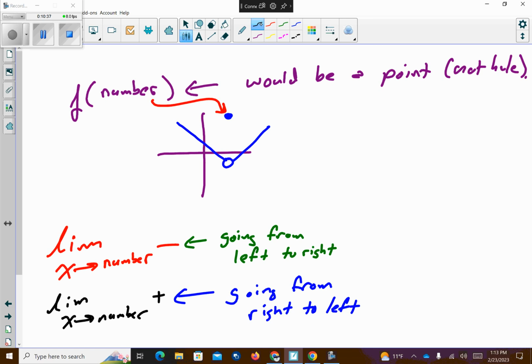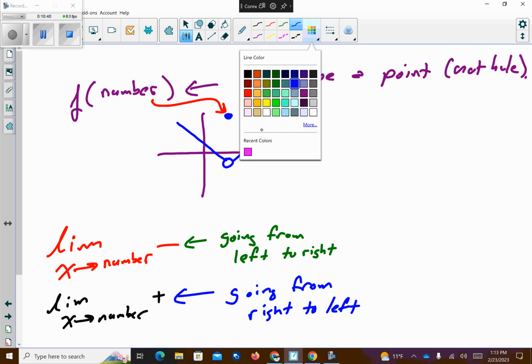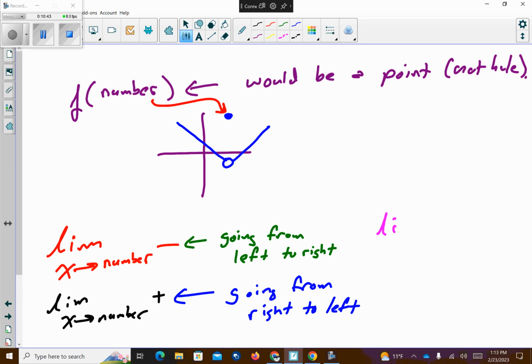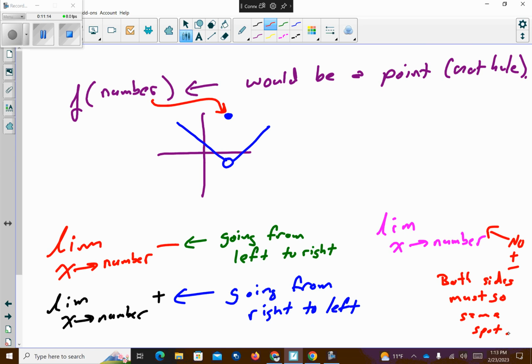And then if you see something like this, no positive or negative, so you're going both sides and must go to the same spot. Does that make sense? All right.